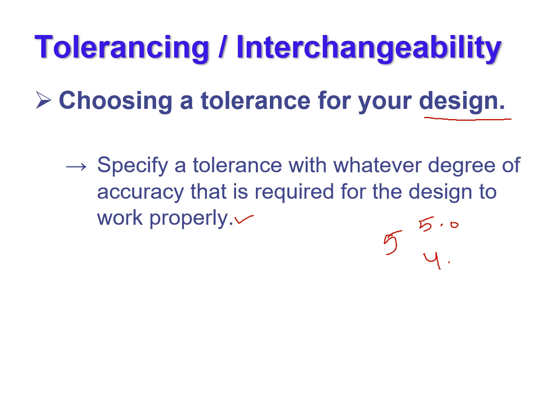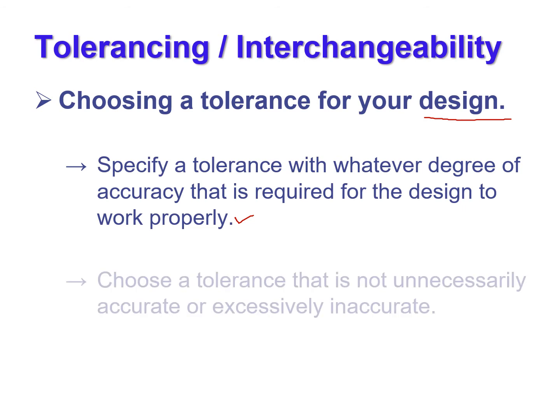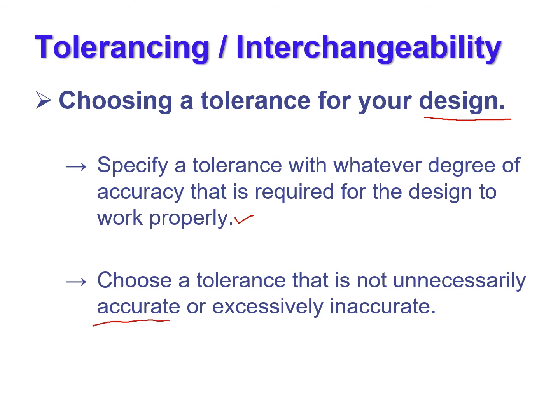So first assign the tolerances according to the design, and then choose a tolerance that is not unnecessarily accurate. Don't use very tight tolerances or very loose tolerances unnecessarily, but choose them according to the design so that your design will work properly.